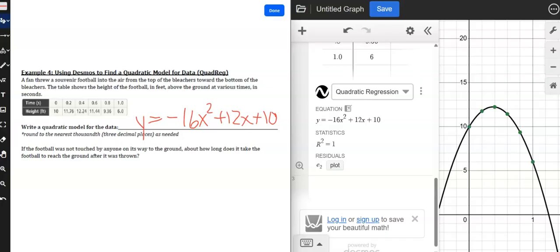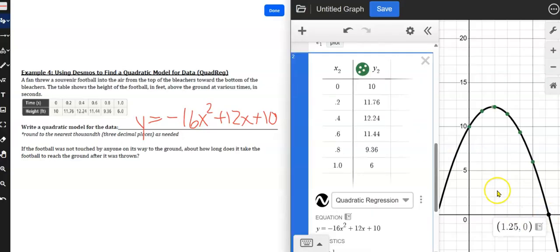If the football was not touched by anyone on its way to the ground, about how long does it take the football to reach the ground after it was thrown? Well, looks like 1.25 seconds.